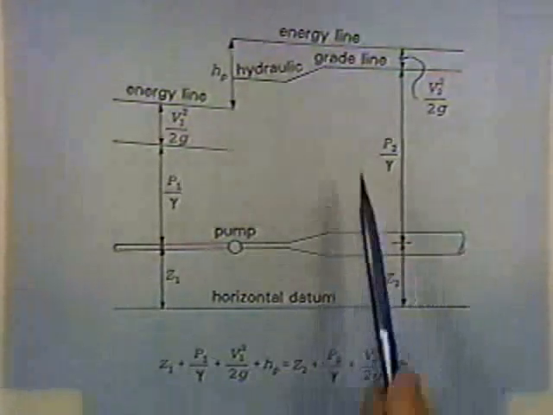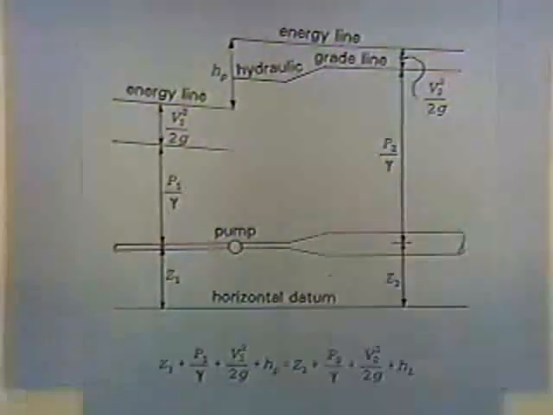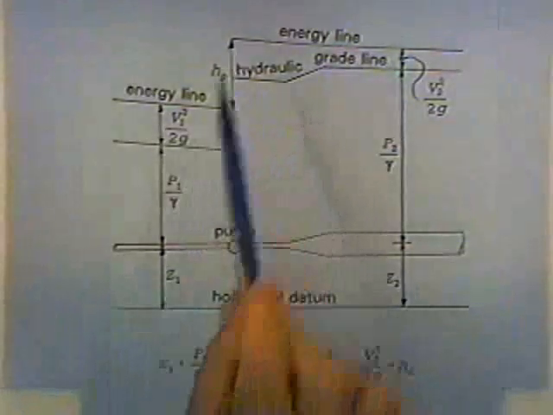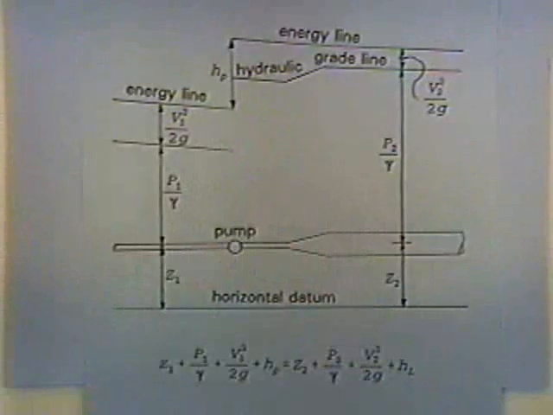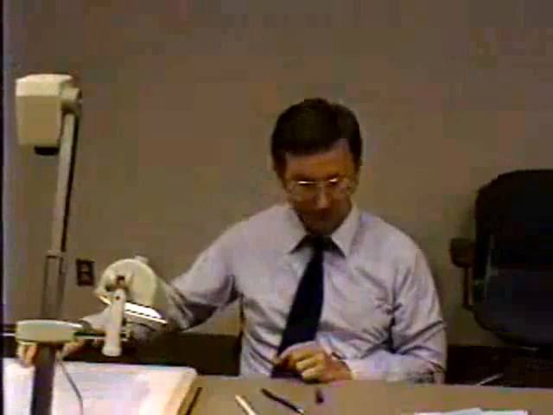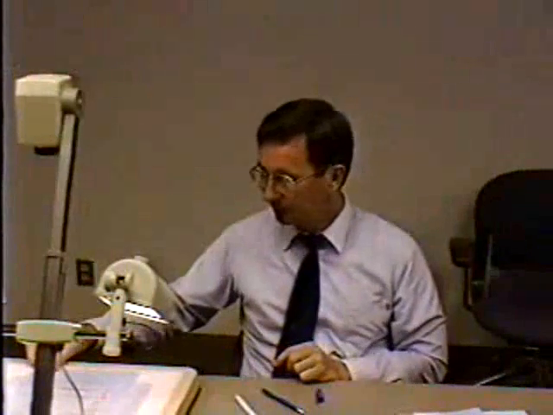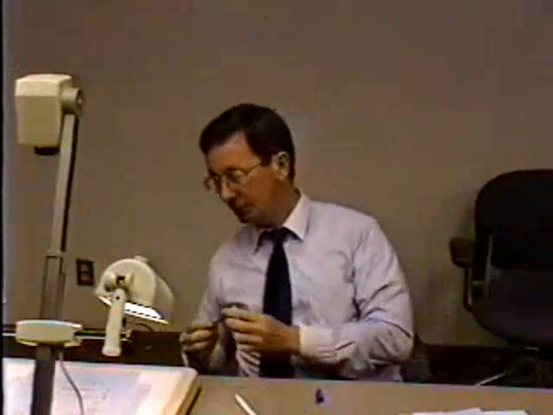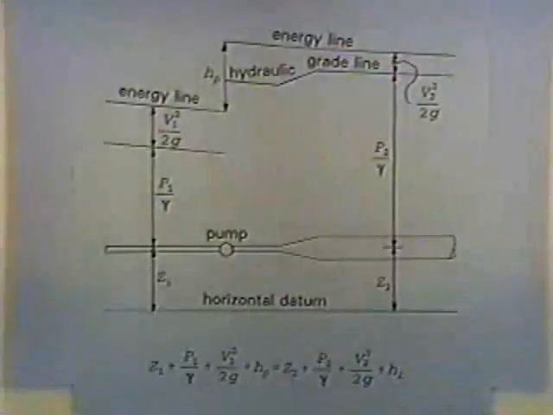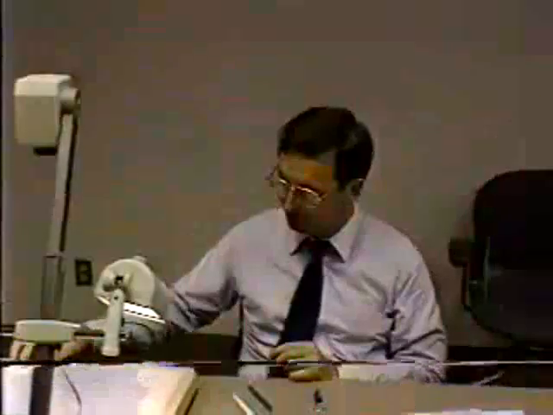When the diameter of the pipe changes, the velocity head changes, and when you add the pump, everything just goes up, adding energy, adding hydraulic head. A real key to this equation is the head loss term, and that's where we're going now, being able to estimate the head losses in the pipe.